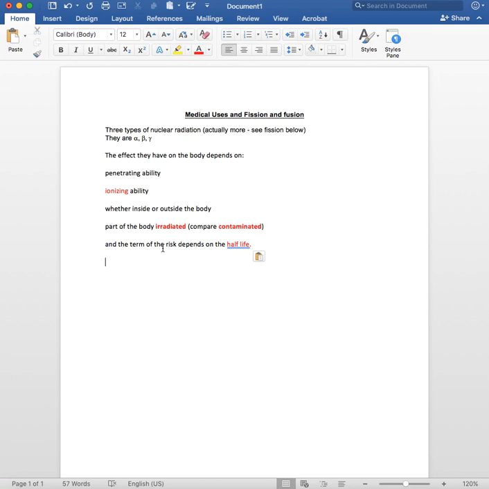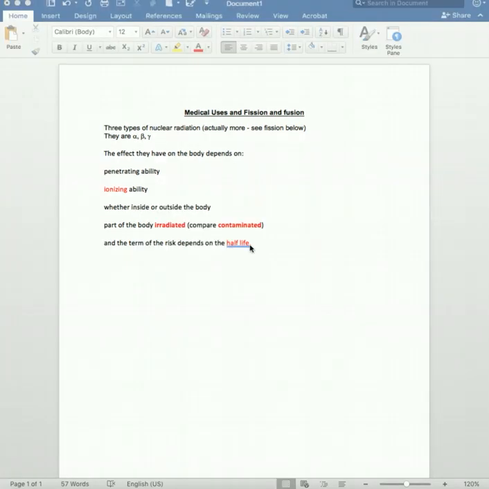Alternatively, the average time for half of the parent nuclei to decay. So we have to consider the half-life in our medical uses, and the half-life we choose depends on the nature of the application.